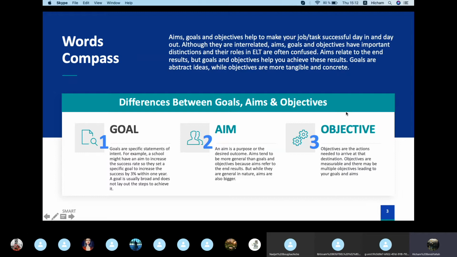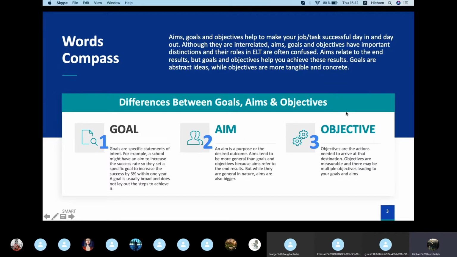Supposing you are a supervisor of an English language subject at a high school, a middle school, a kindergarten, whatever, and you are working to set up a plan so that by the end of the year, students will increase their knowledge of English. So you would like to develop English language speaking by the end of the year in your school. This is an aim.